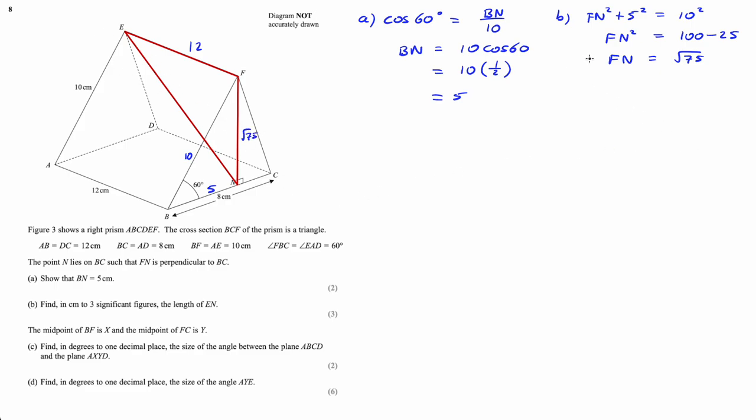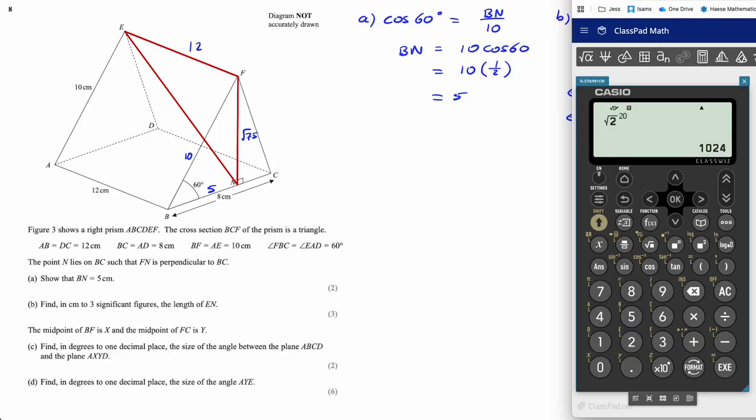Again, I can use Pythagoras' theorem. EN squared equals 12 squared plus, because this is a right angle, root 75 squared. EN is then going to be the square root of 144 plus 75. Let's do that here. 144 plus 75, 219.